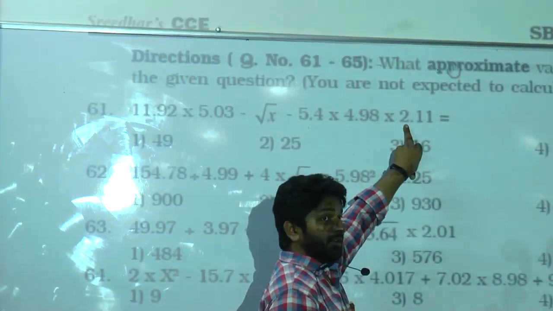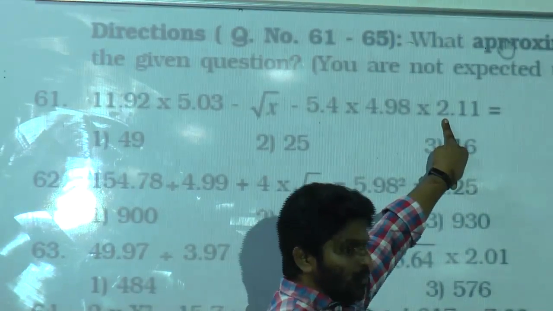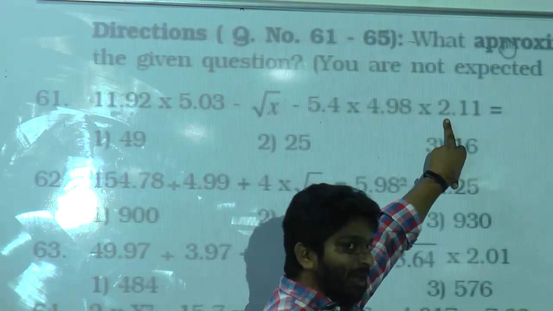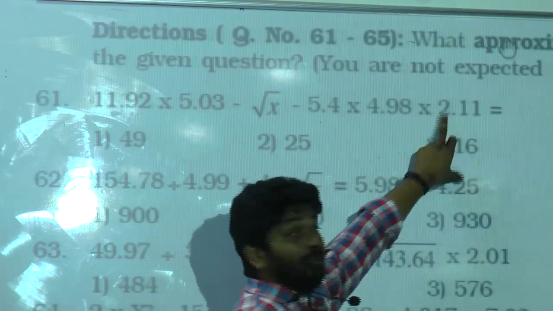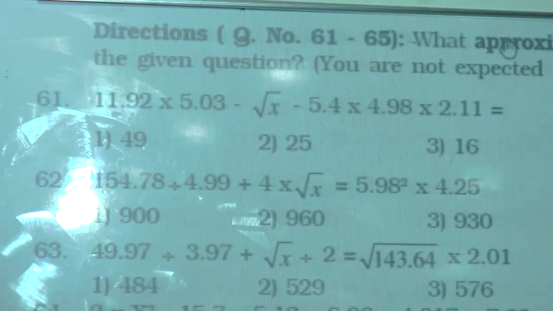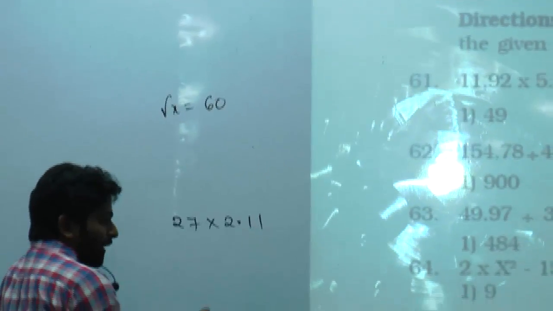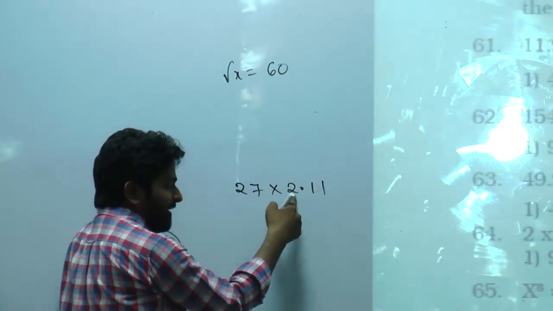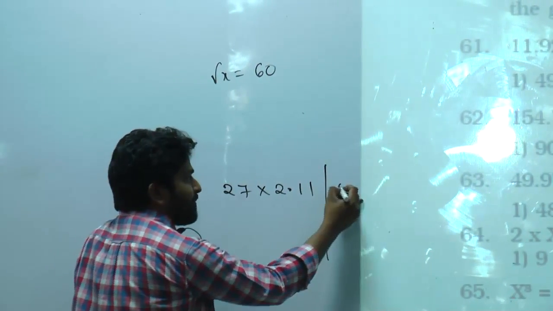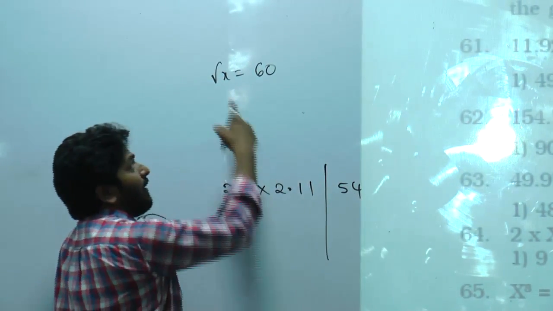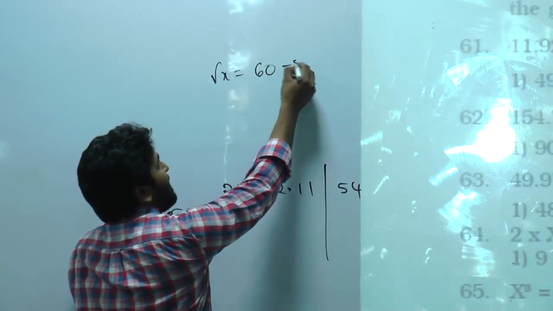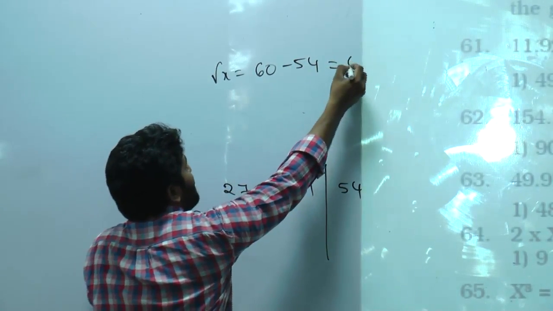Don't convert this as 2. 27 2 times 54. Be careful when you have 27 into 2.11. If you convert this number as 2, it becomes 54 and 60 minus 54 will give you 6.